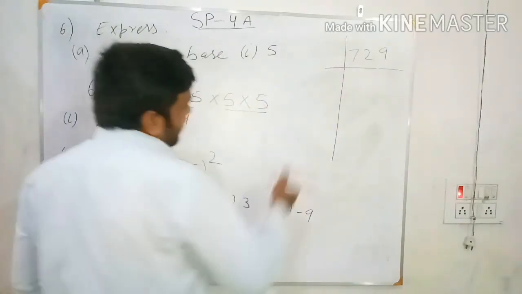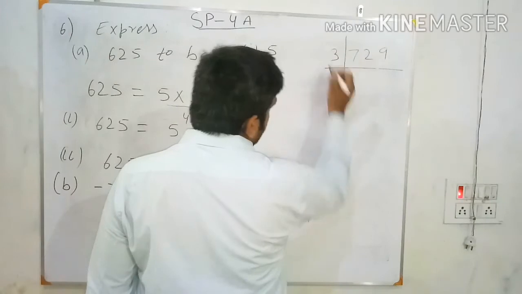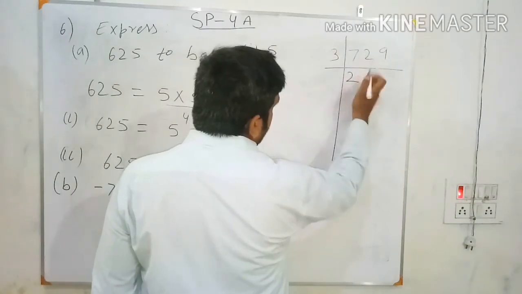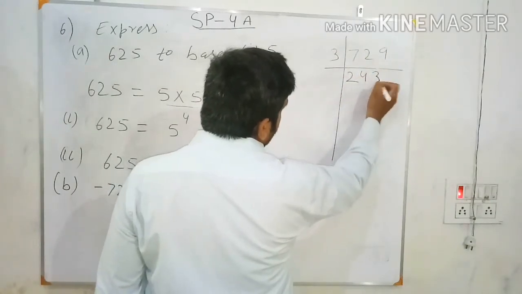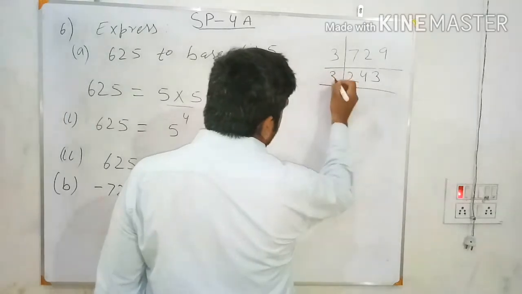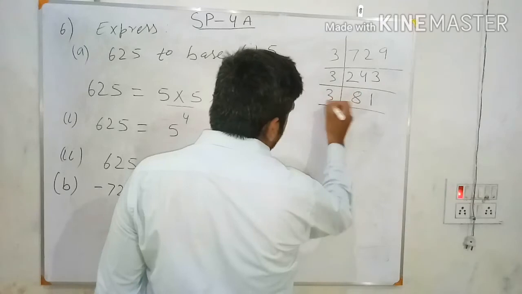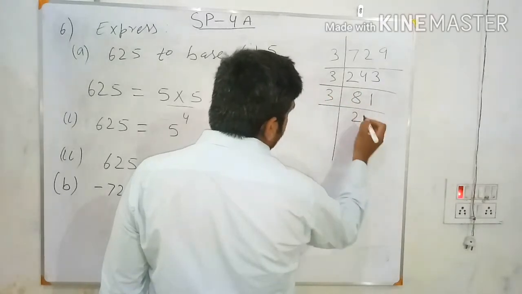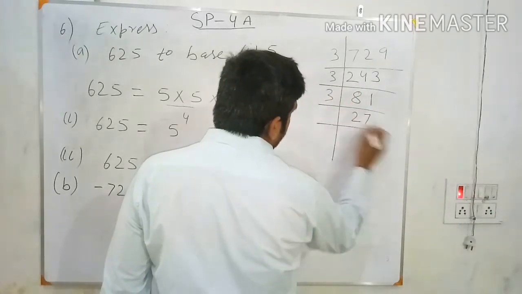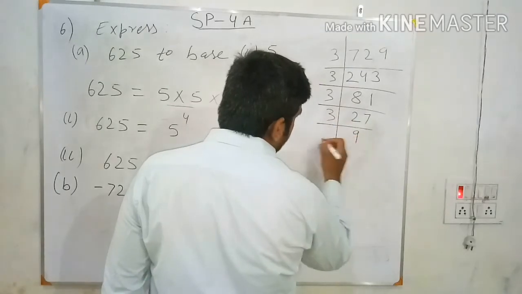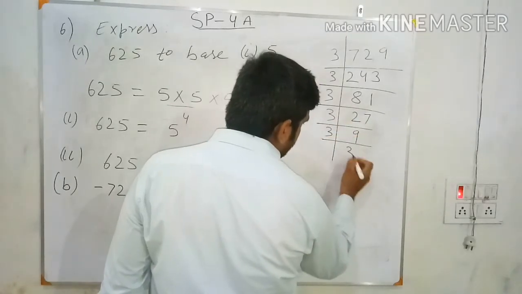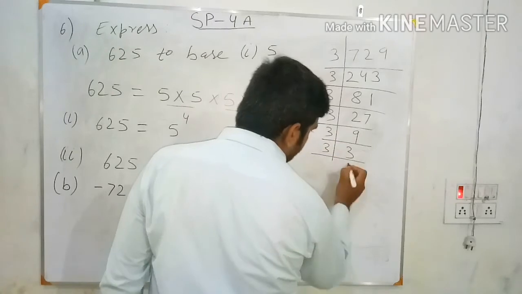So we divide it by 3. 3 twos are 6, 3 fours are 12, 3 threes are 9. Again 3 eights are 24, 3 ones are 3. Again 3 twos are 6, 3 sevens are 21. Here 3 nines are, here 3 threes are, now here 3 ones are.